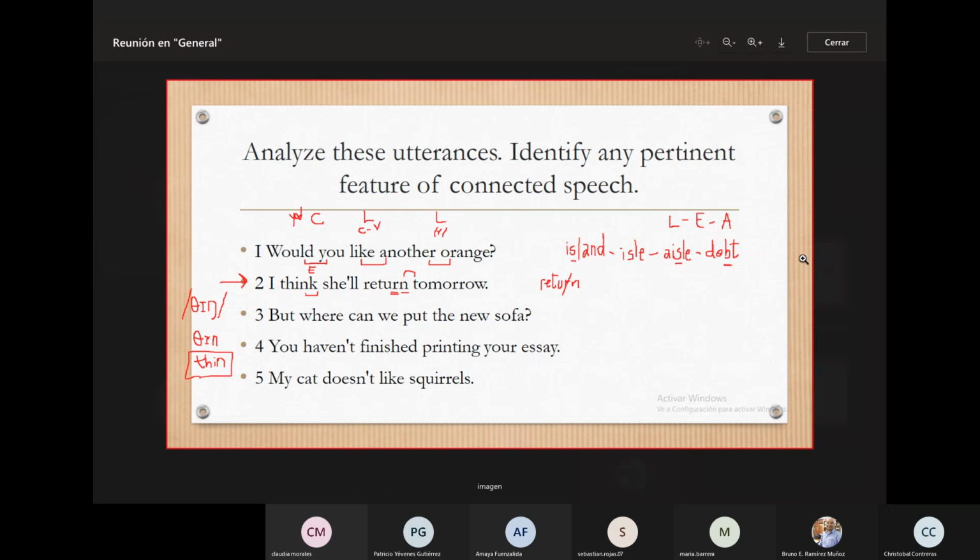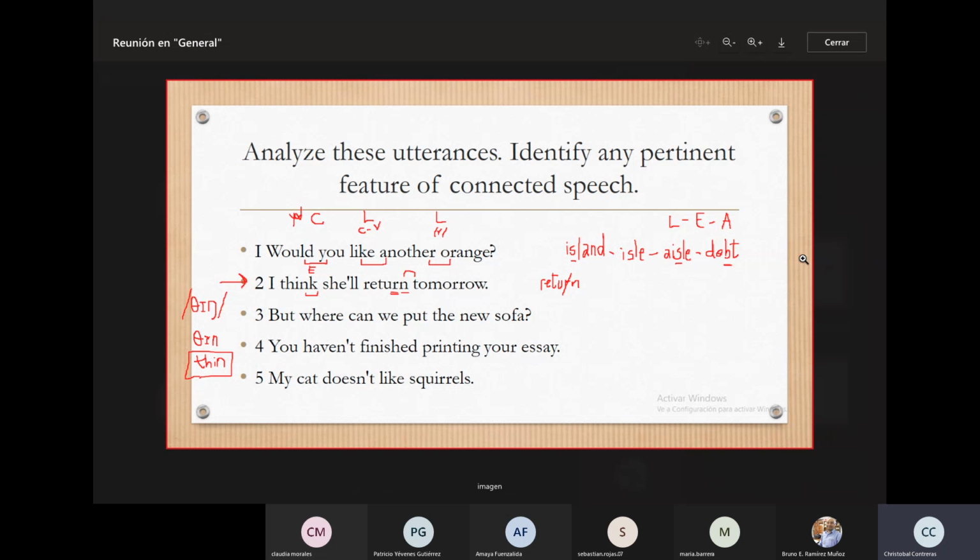What about between "can" and "we"? Is the final sound of "can" exactly the same as when you say "can we"? If I try to do the sound slowly, it's like "can we"?